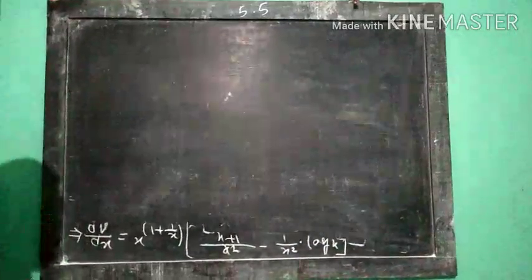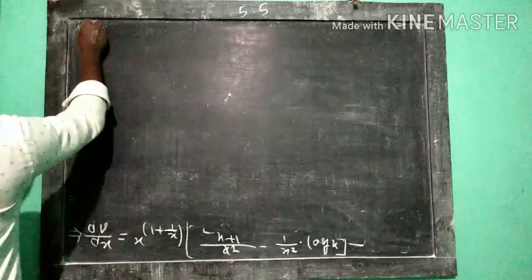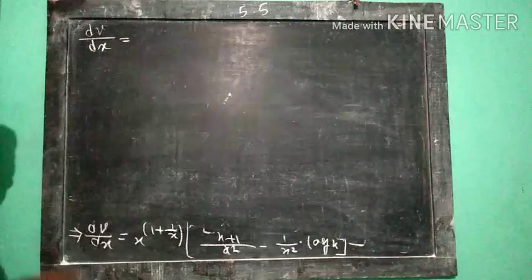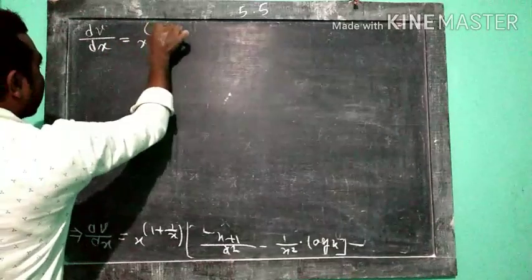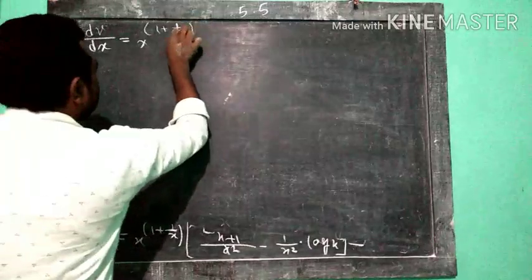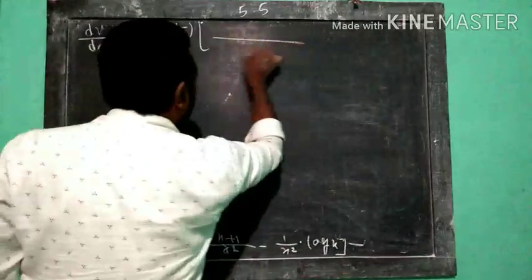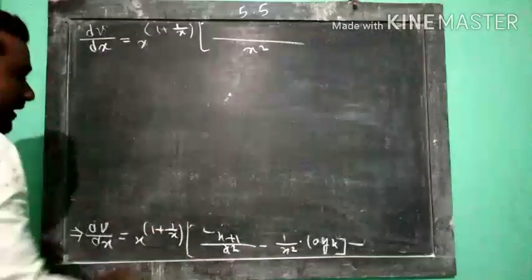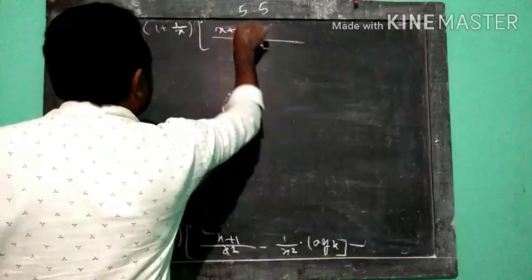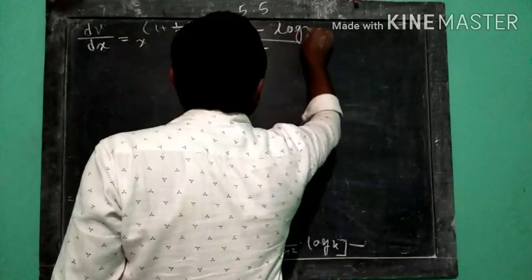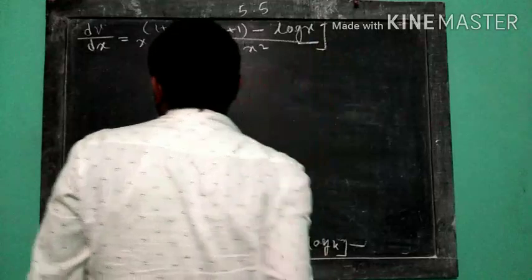Okay, so dv by dx is equal to x to the power 1 plus 1 by x whole into, if we take x square as LCM, then this is (x plus 1 minus log of x) by x square. This is the dv by dx.